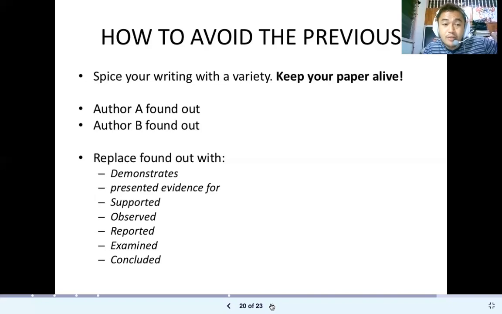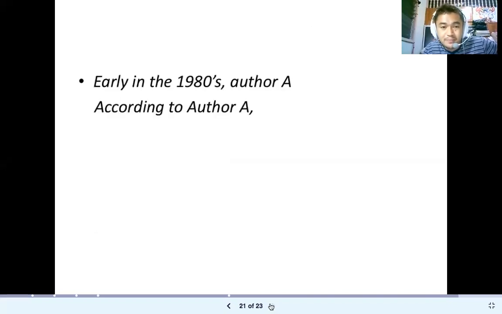Replace found out with demonstrates, presented evidence for, supported, observed, reported, examined, and concluded. You may use these following verbs on your RRL in order for your paper to not be boring, and so there is no repetition of words. Again, you could use these verbs or action words.